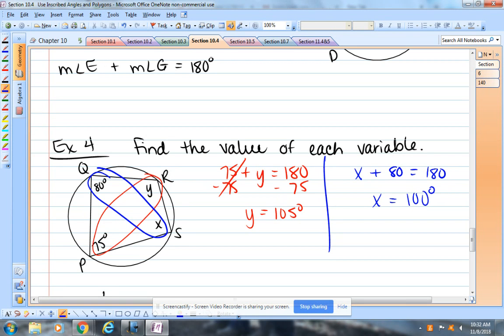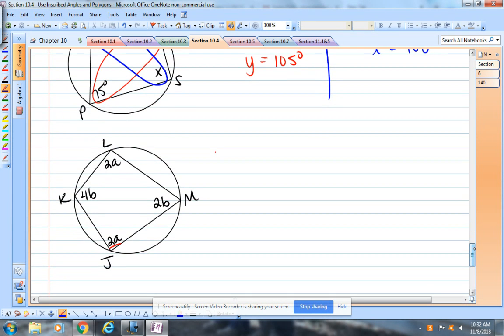And you can check it because if you add all four angles inside a quadrilateral, they should be 360. We learned that a while ago. So look at this one. Y'all don't have to draw the picture. Can y'all just help me do the math? What do y'all want to find first, A's or B's? A's. So these are opposites.